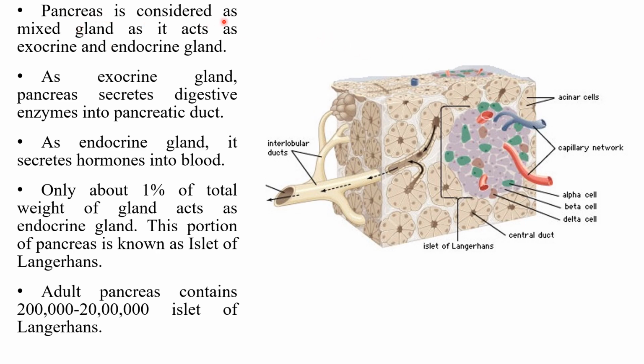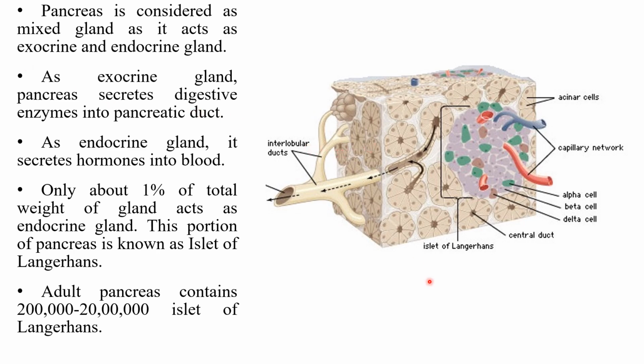Pancreas is considered a mixed gland or a dual gland, as it acts as both an exocrine as well as an endocrine gland. I hope you already know about exocrine and endocrine glands. Exocrine glands are the glands with a duct system, and their secretions are transported through specialized ducts.